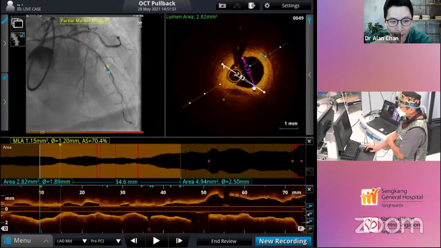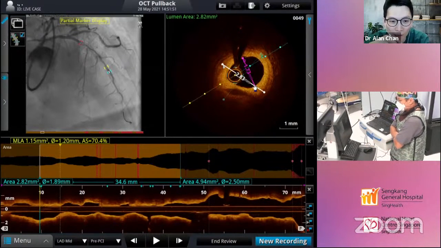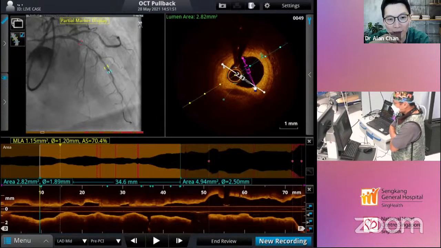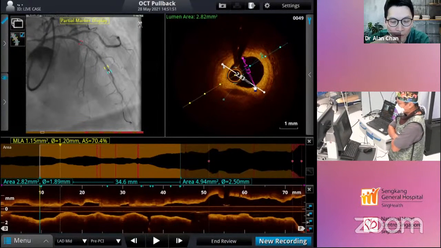So overall, for this challenging scenario, not a typical one, you need to use together all the information you can get. You also need to incorporate your judgment to get a size somewhere in between, probably together with the angiogram, a 2.5 distal stent. I mean, 2.5 size for the distal stent may be a reasonable option.